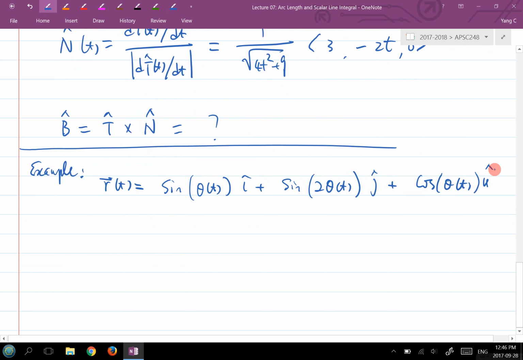Given a vector function, which is this one here, so that's a vector function. This is a so-called roller coaster function.